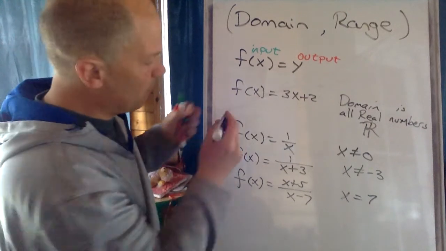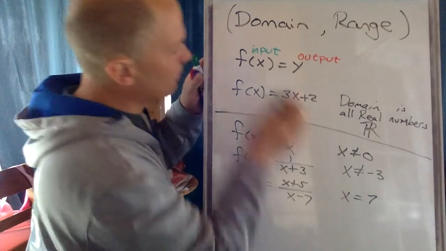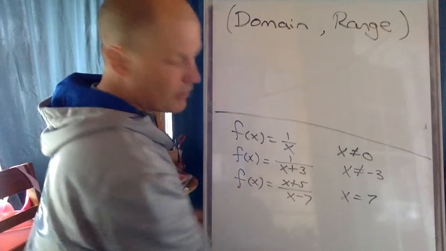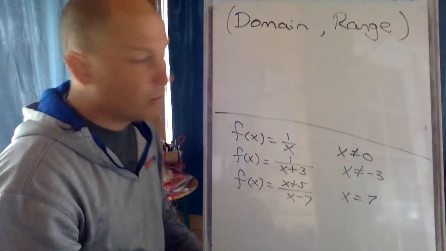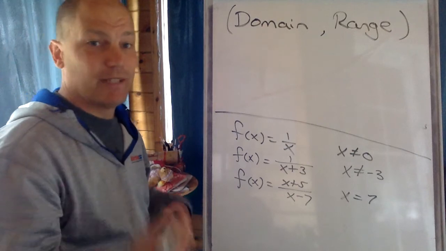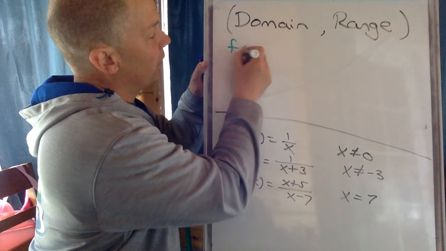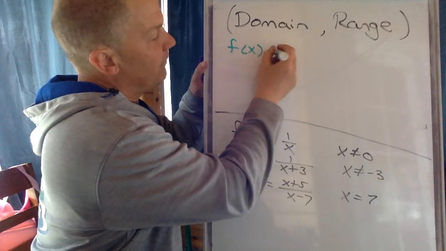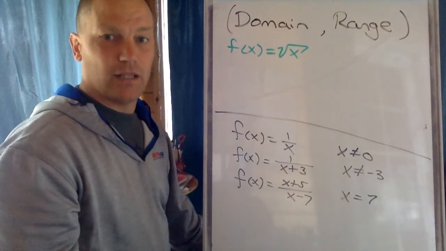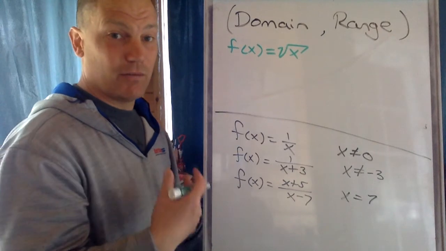We're going to talk about one more type before this video is over. So we're not allowed to divide by 0. There's another big rule that you might remember, and the big rule is we can't take the square root of a negative number, right? So if f of x is the square root of x, well, that tells us that the only numbers we can't plug in are the negative ones.